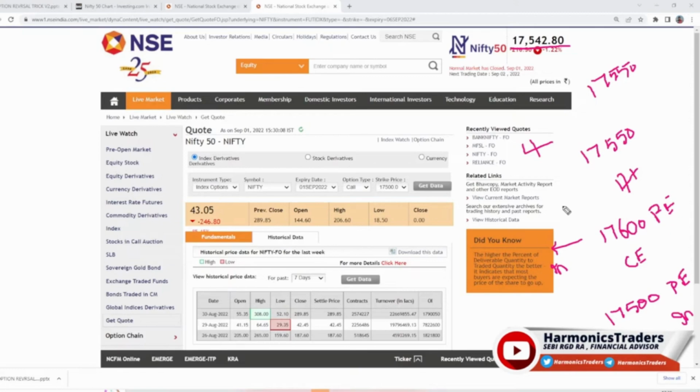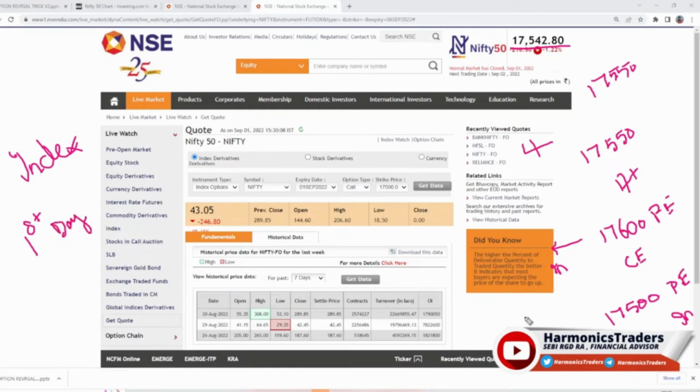Based on these values, we would be deriving the support and resistance for a stock or index for that particular week or month. For this ORT, the first thing you are supposed to do, with respect to index, is note that we have weekly expiry and monthly expiry, correct? So we need to take the data on the first day of the new expiry.